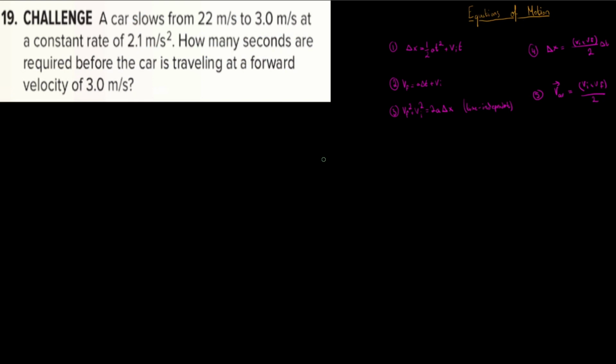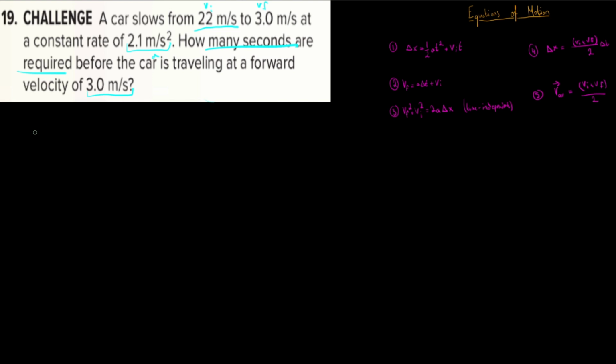For this question, a car slows down from 22 meters per second, so this is v initial, to 3 meters per second, so this is v final, at a constant rate of 2.1 meters per second squared, so this is the acceleration. How many seconds are required? So we're looking for delta t before the car is traveling at a forward velocity of 3 meters per second.